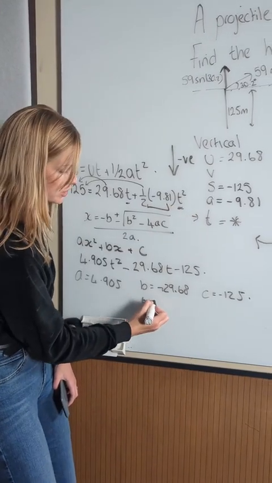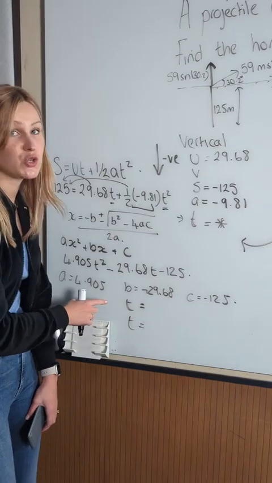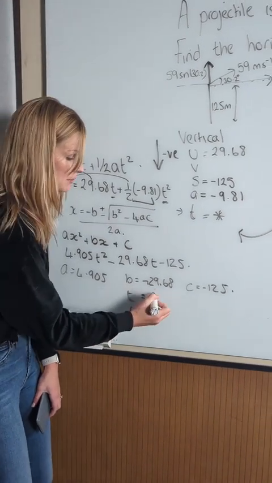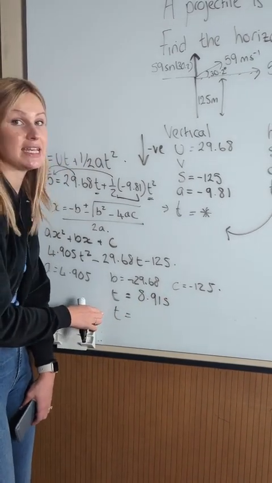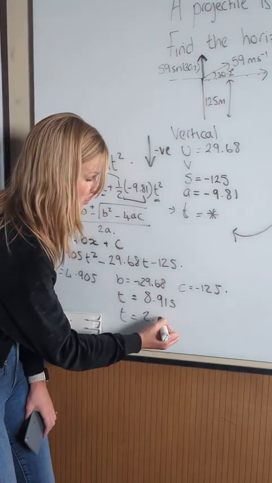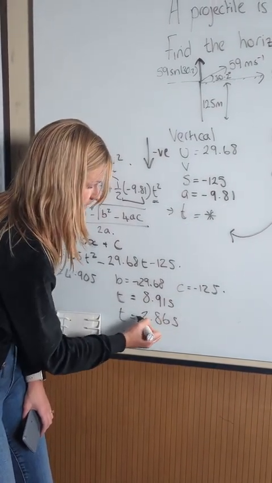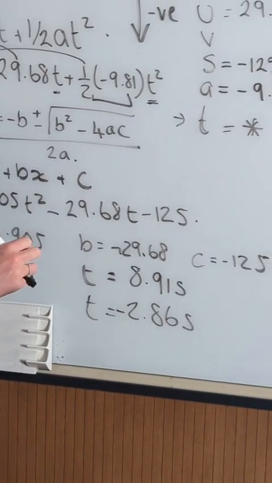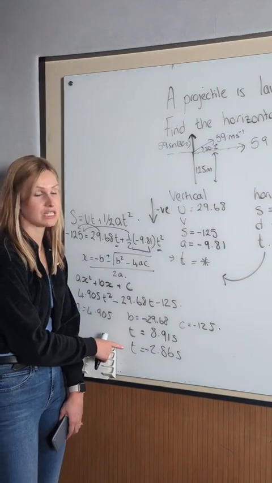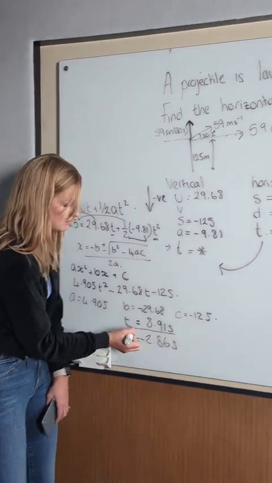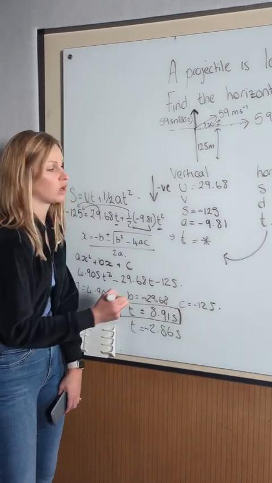You're going to get two values for t: a positive number of 8.91 seconds, and a negative number of 2.86 seconds. So clearly the only number that makes sense is the positive number because I can't get negative time. So I've just solved for time, and I got 8.91 seconds.